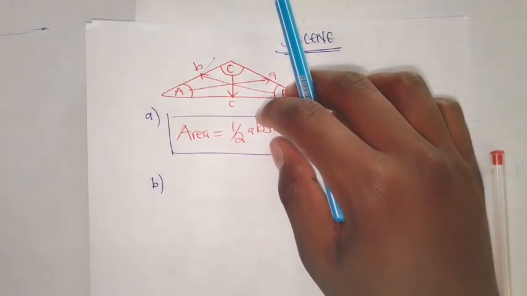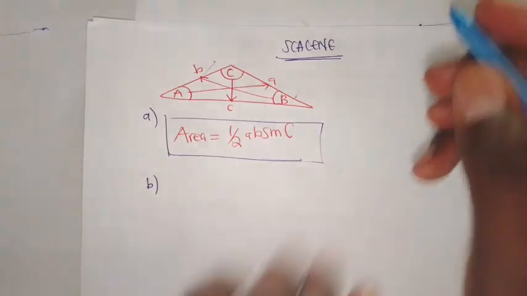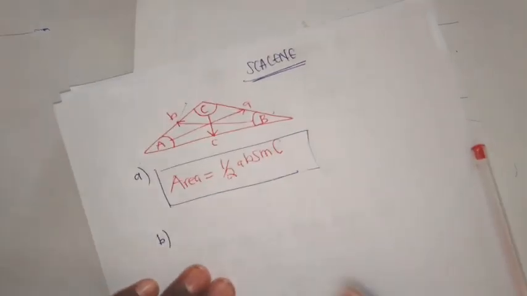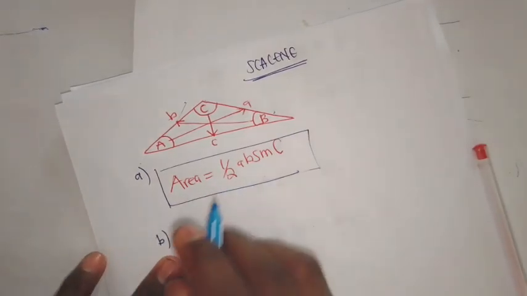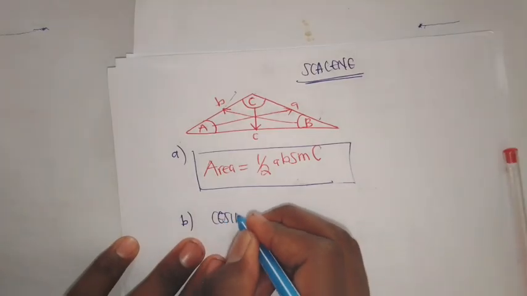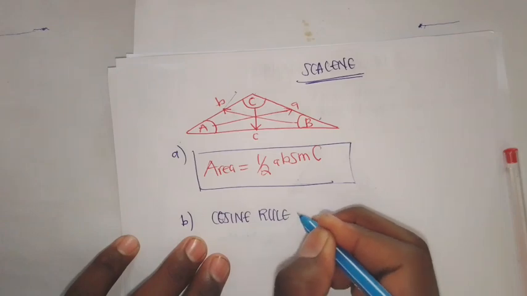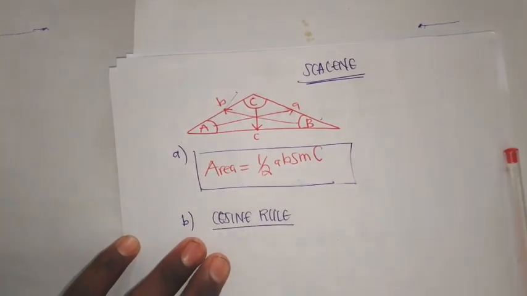So we can use cosine rule to find the length of the other side. Let's say, for example, cosine rule.